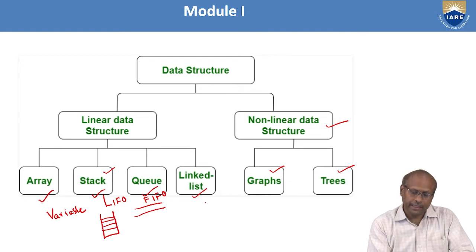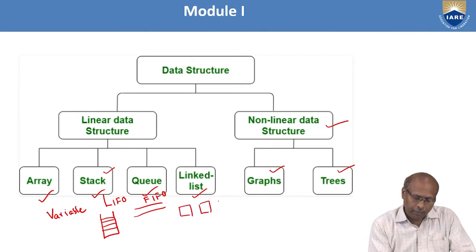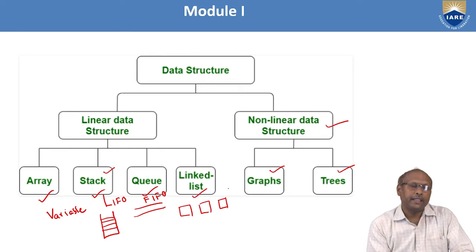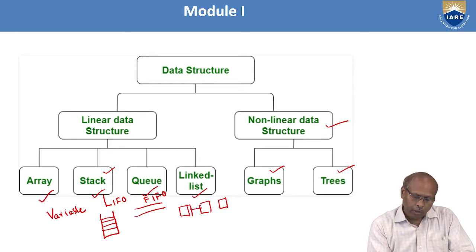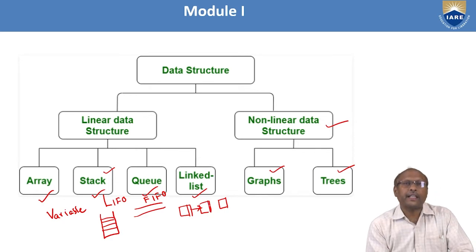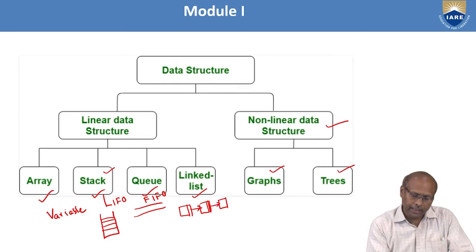Similarly, in the case of linked list, which also arranges the data in a sequential manner, the difference is that it organizes data in a runtime or dynamic manner. How much memory is required for storing the data is not known well in advance. Whenever such a scenario comes, always use a linked list.